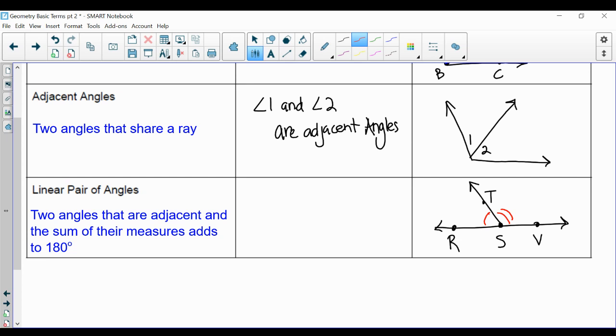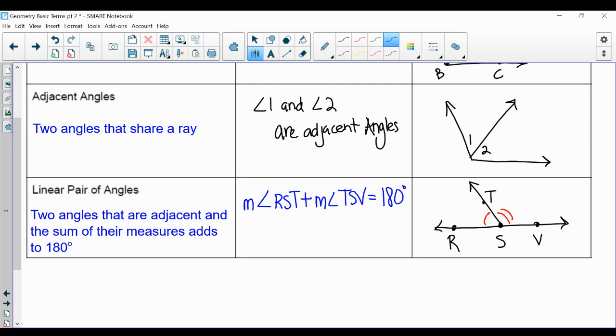they equal 180 degrees. To write out the measure of an angle, I'm going to use the letter M in front of the angle sign. So the measure of angle RST plus the measure of angle TSV equals 180 degrees.